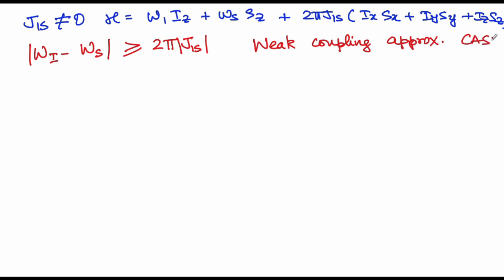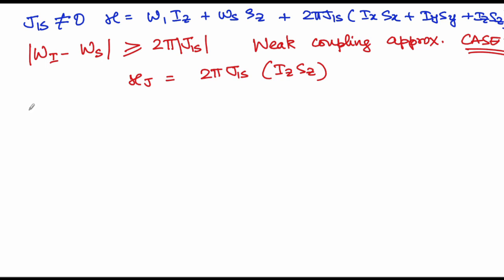This will be our case 2. In such a case, the scalar coupling Hamiltonian gets reduced to 2 pi J_IS I_Z S_Z, implying that the I_X S_X and the I_Y S_Y terms do not appear. For the time being, please take this as granted so that we can go forward and understand what ends up happening.